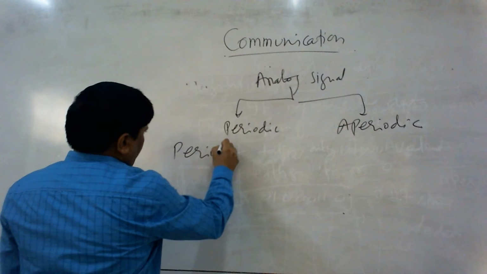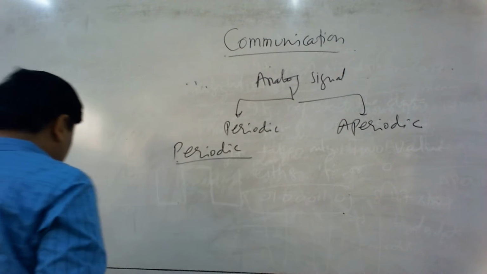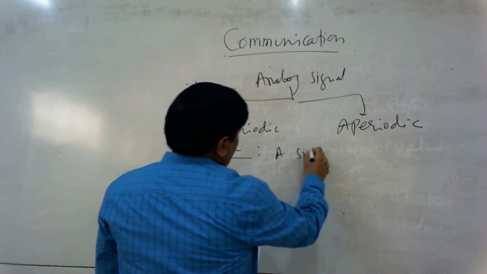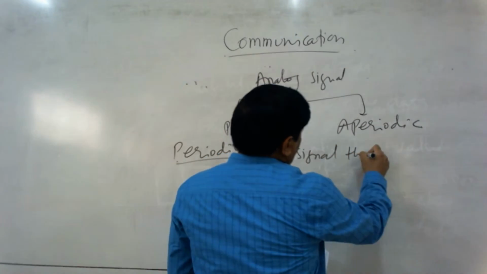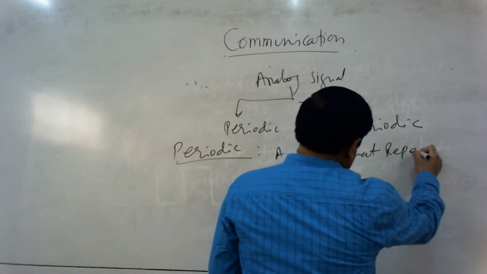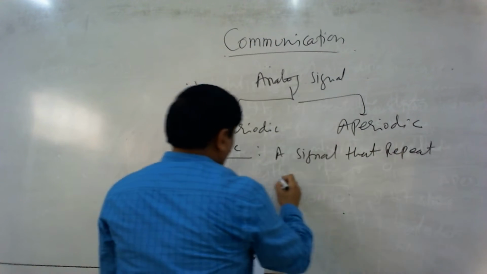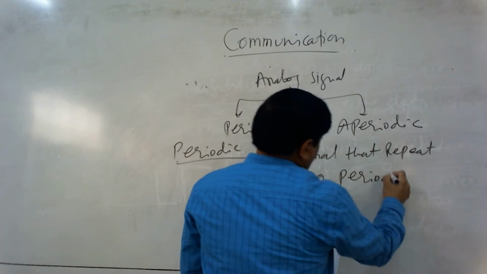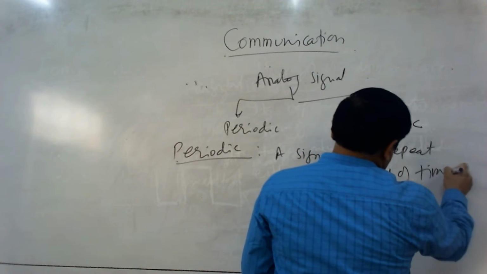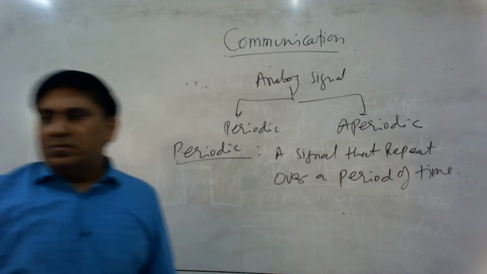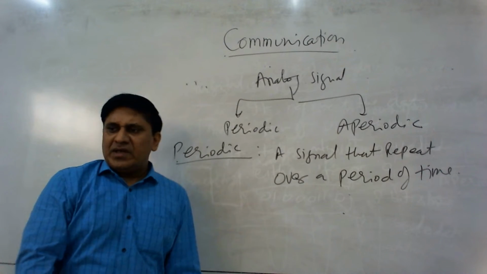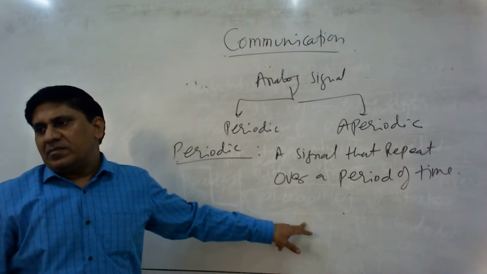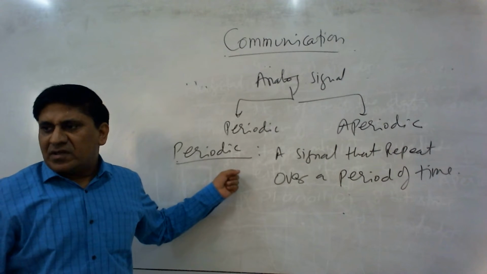A signal that repeats over a period of time is called a periodic signal. A signal that repeats over a period of time is known as a periodic signal.